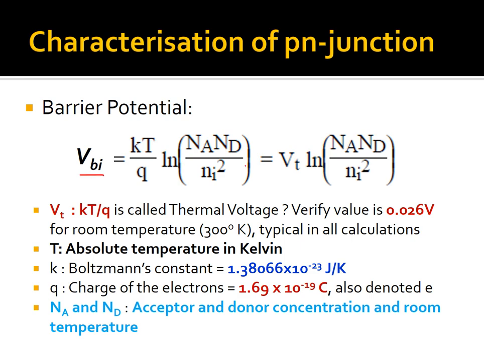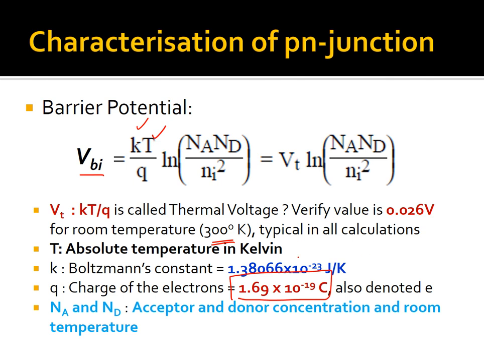VBI. Here K is the Boltzmann constant, T is the temperature in Kelvin, and usually we take 300 Kelvin, and Q is the charge of the electron, and the usual value is 1.6 into 10 to the power minus 19 coulombs.